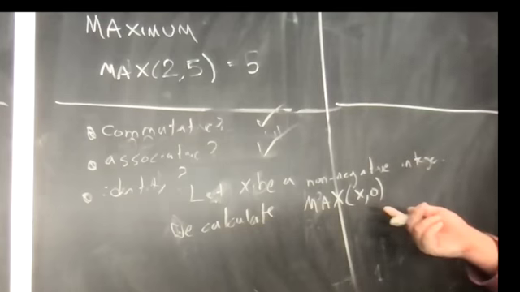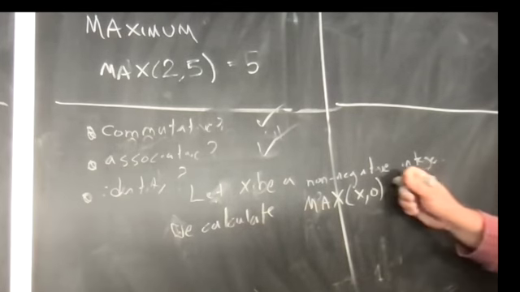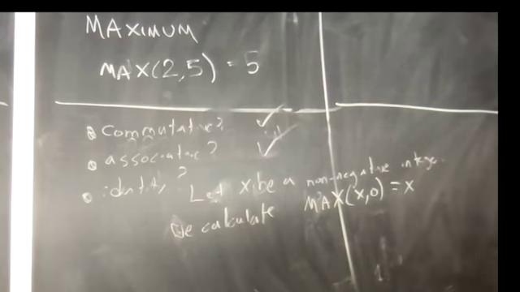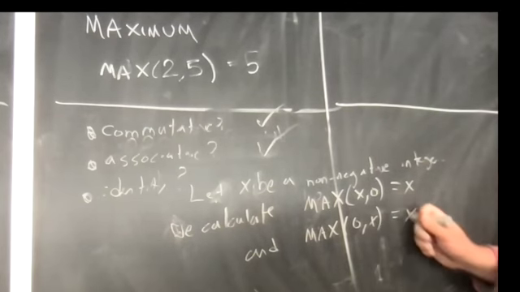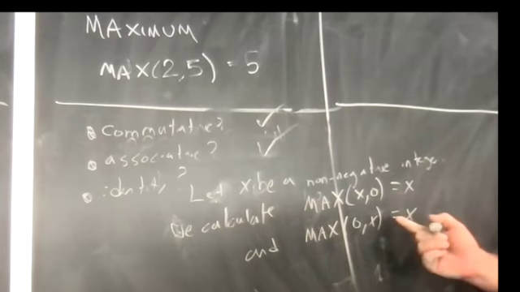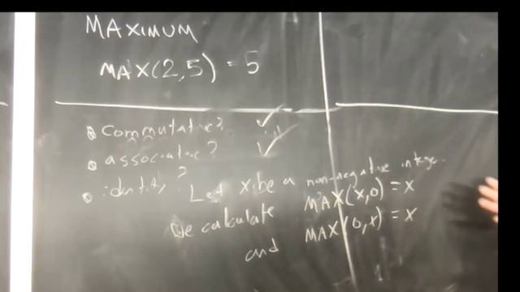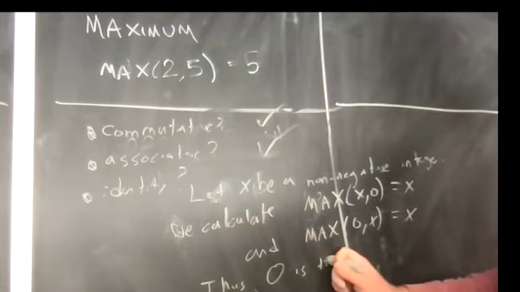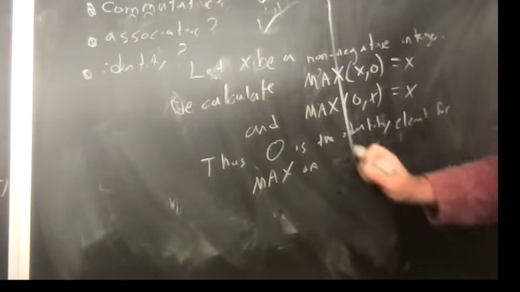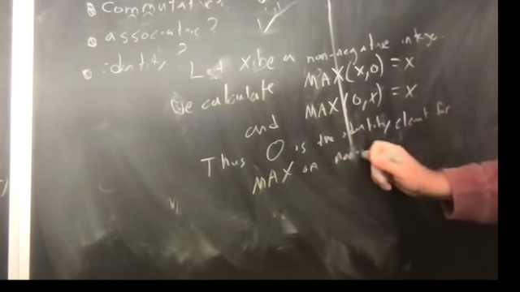It's x, right? Because no matter what x is, it's at least as big as 0. And what's max of 0 and x? And this is exactly what you want in an identity element, right? You want it to let the other element through. So in this case, 0 is the identity element for max on the non-negative integers.